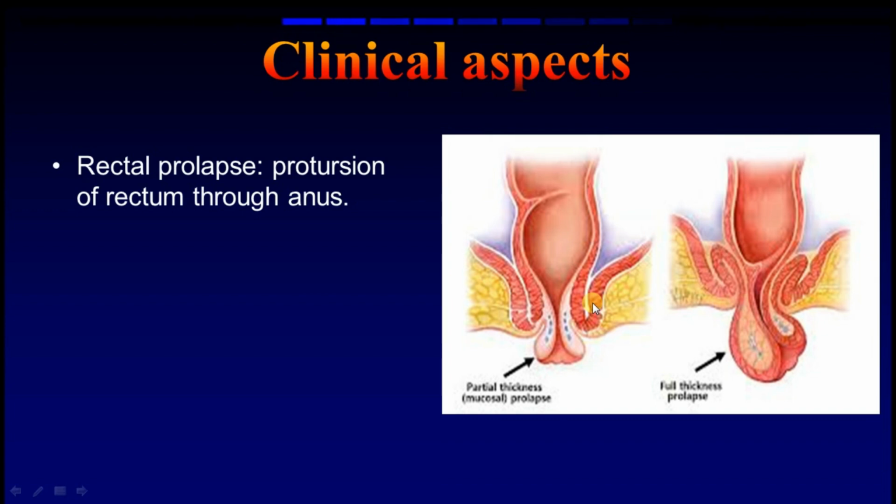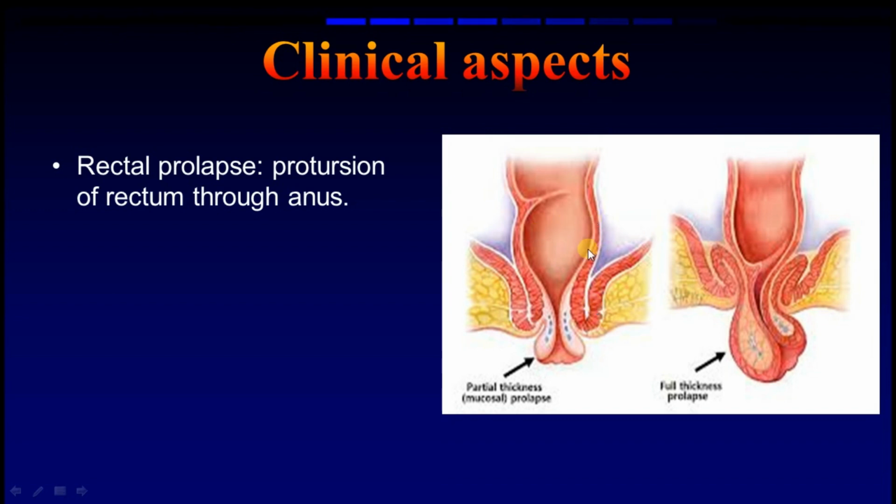So weakening of the muscles or supports of the rectum, increased intra-abdominal pressure, chronic cough or chronic constipation, all those things might lead to it. It might be partial or complete.